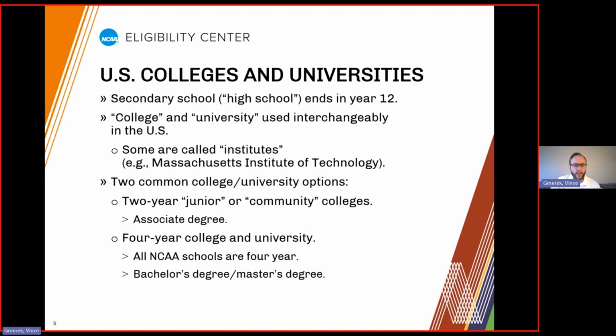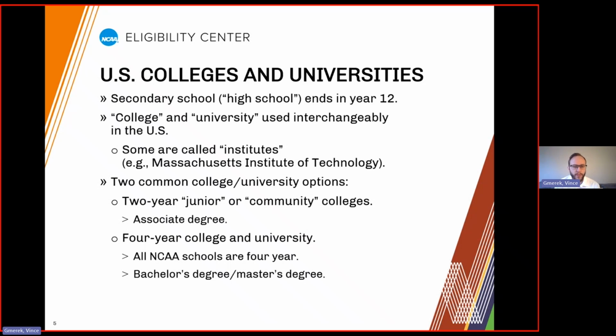However, in the US, we also use the word college and university interchangeably, understanding that a lot of international secondary schools call themselves colleges. You may also hear domestic schools referred to as institutes. An example is the Massachusetts Institute of Technology is a university in Massachusetts, but it's the same as a college or a university in terms of what we would call it.